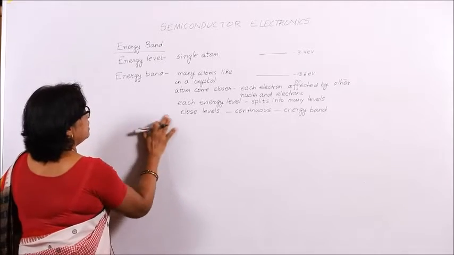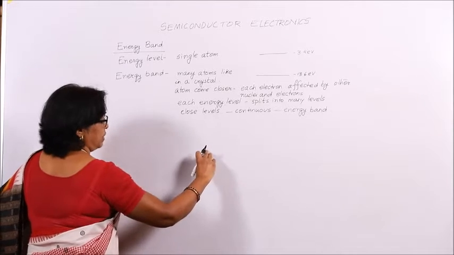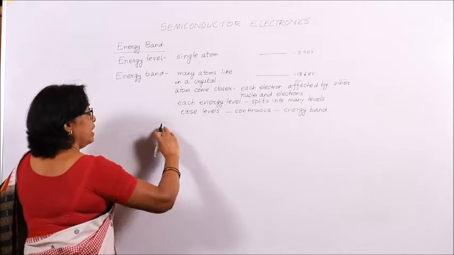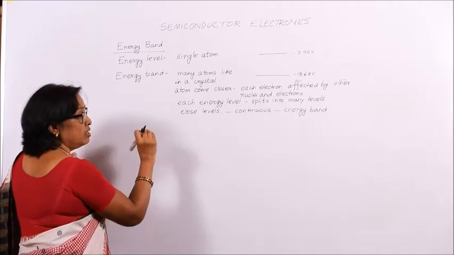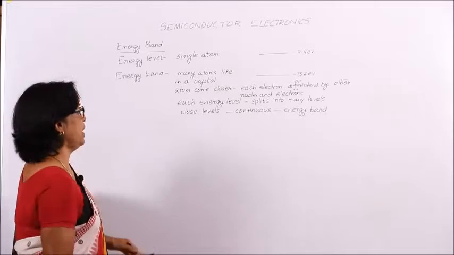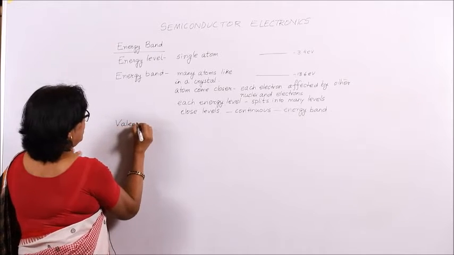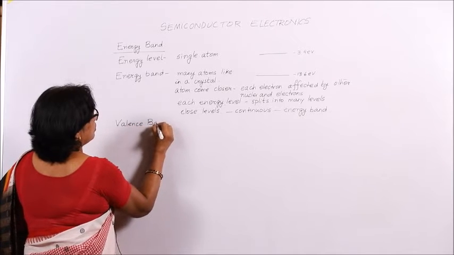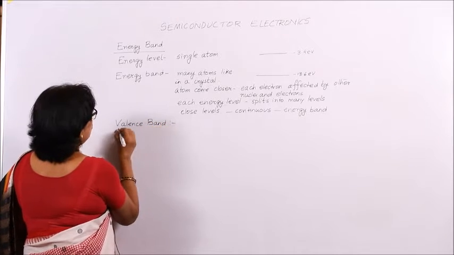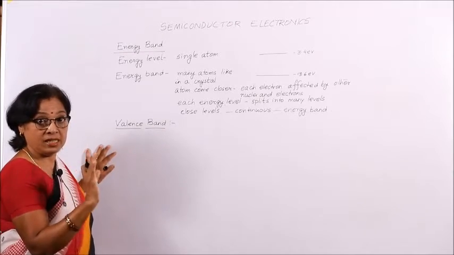Now, every level, 1s, becomes a band of energies. 2s, again a band of energies. The 2s electron of the atoms can be anywhere in this band. What we are more concerned about is the valence band. As you know, the outermost electrons are called valence electrons.